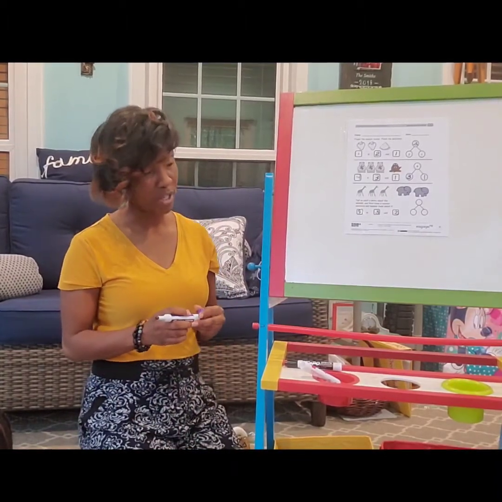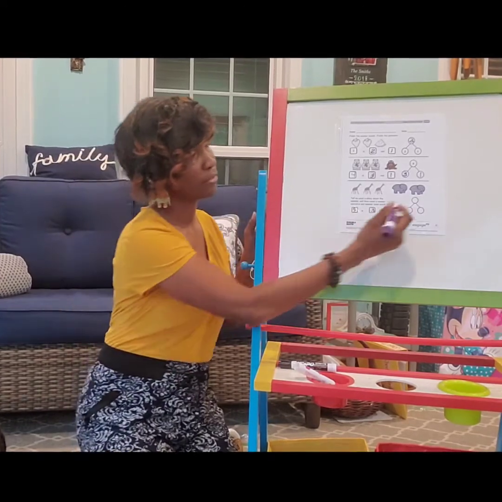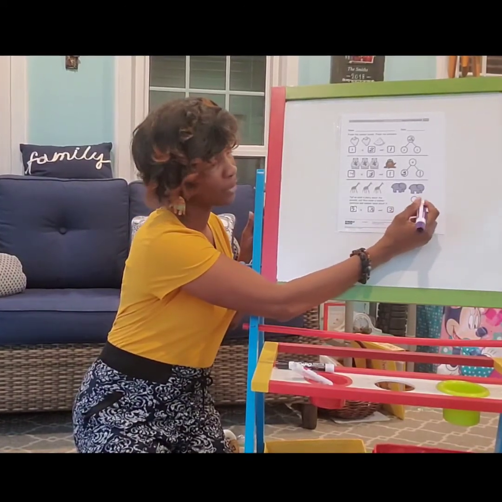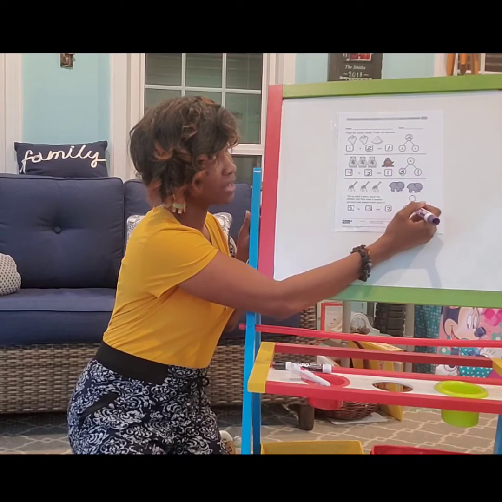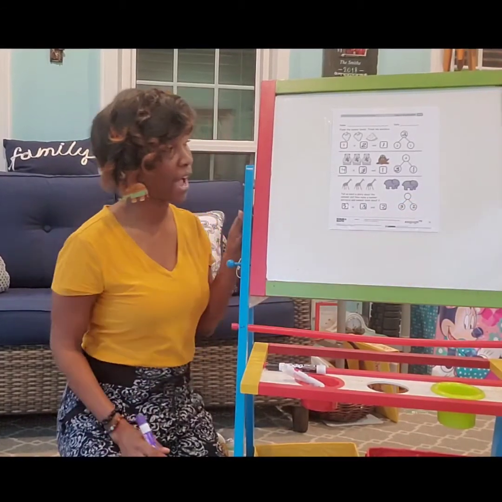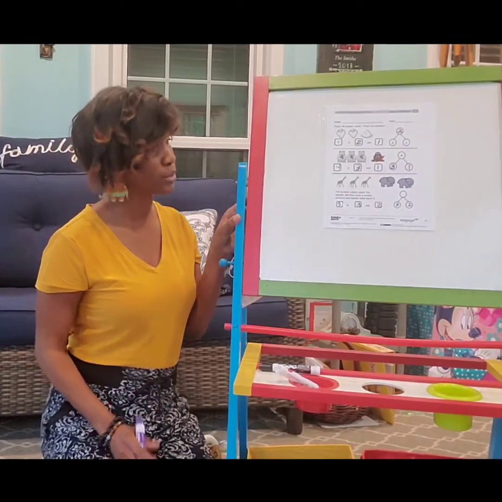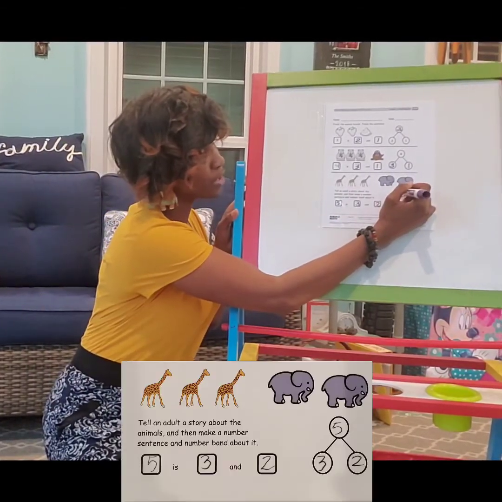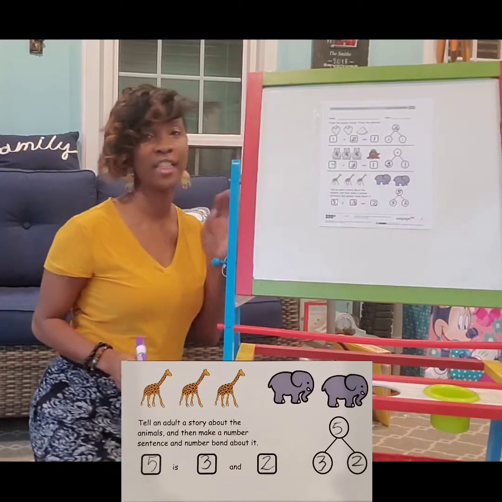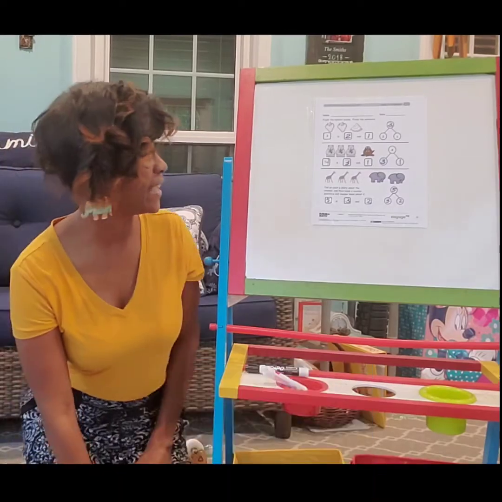And Charlotte's story was that there were 2 elephants and 3 giraffes, and they all got together and went to go visit the zoo. So 5 of them went to go visit the zoo together. All right, very good job. That was amazing work.